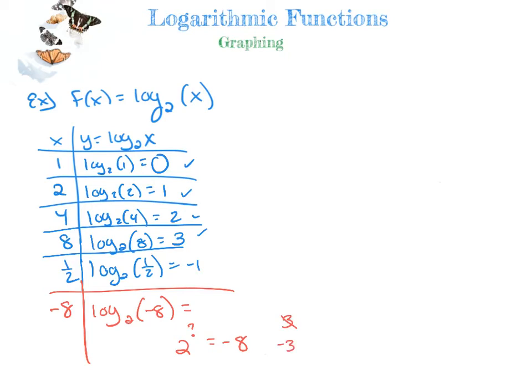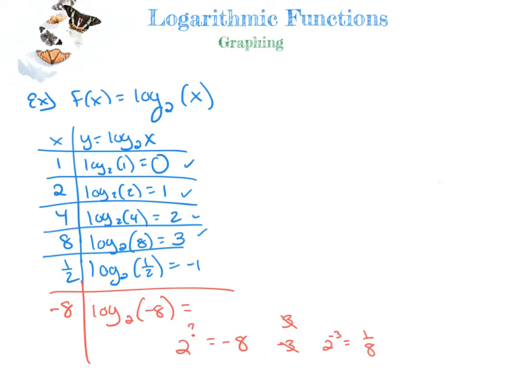It can't even be negative 3 because 2 to the negative 3, as we've been discussing, is 1 over 8, not negative 8. In fact, there's actually no way that we can take a positive number like a 2, raise it to some exponent, and pop out a negative result. So the arguments inside the logarithms must always be positive numbers.